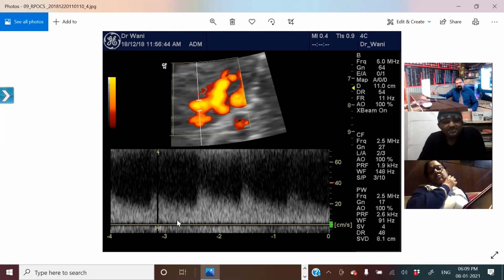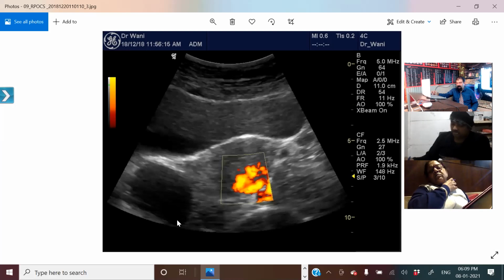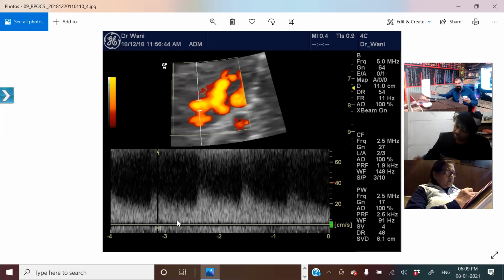Anyhow, this will come with experience. But to start with, you can put color only, and the color will decide: if present, RPOC; if absent, blood clot. Later on with experience, you will be able to take the flow velocities, and if there is a typical low resistance flow, that means a high diastolic flow.